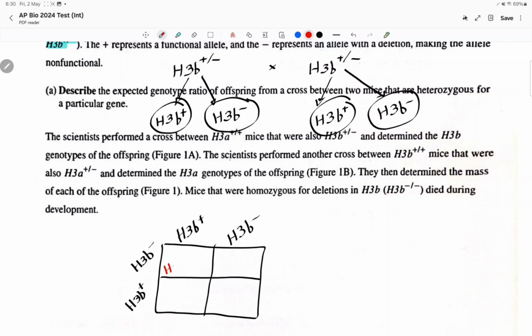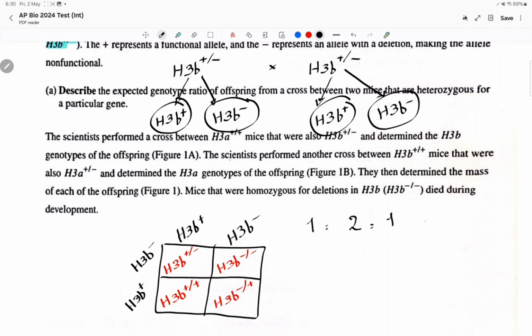So H3B plus minus, H3B minus minus, H3B plus plus, H3B minus plus. So what's going to be our genotype ratio? We're going to have 1 plus plus, 1 minus minus, and 2 that are plus minus, right? So we're going to say 1, 2, 1, okay?